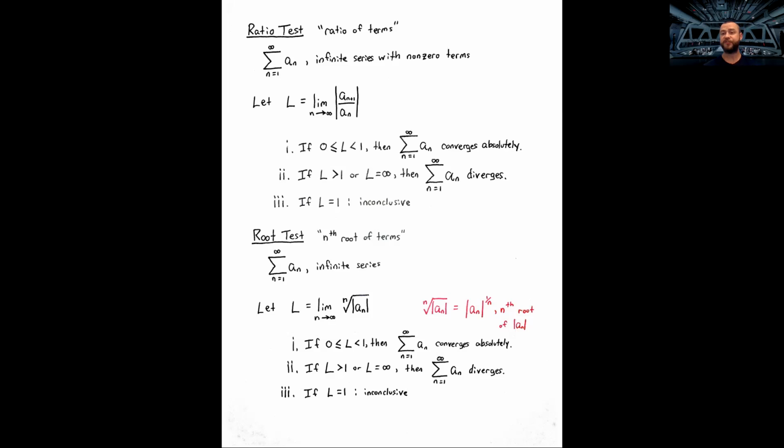Like just think the square root of -1 is undefined as a real number. So if we put absolute value around our term a sub n, then we get rid of any possibility of there being a negative inside that possibly even root or radical.